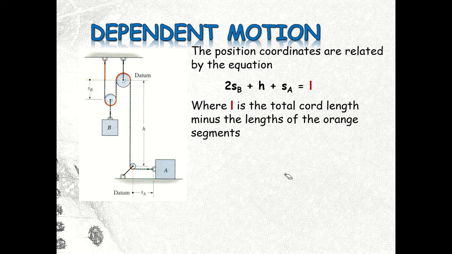So the position coordinates equation is 2 SB plus H plus SA, position of block A and position of block B, equal to L.